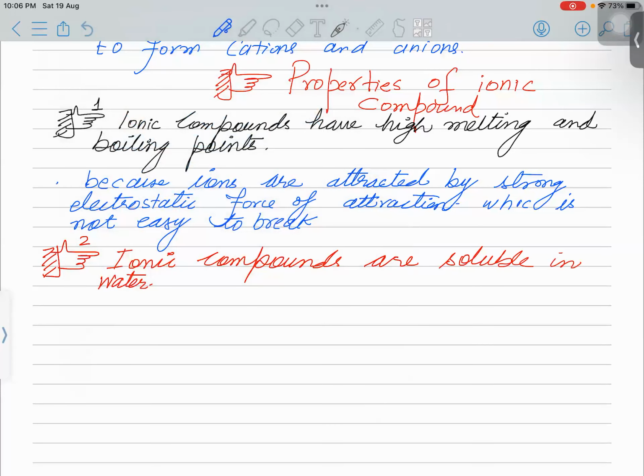Look at the structure of water. Water is H2O. You know that oxygen carries a negative charge and hydrogen carries a positive charge. So you can easily see that it has two poles, one positive pole and one negative pole. So water is polar.